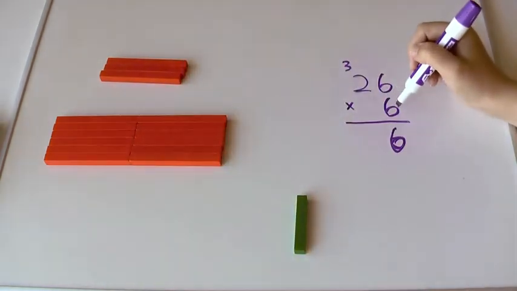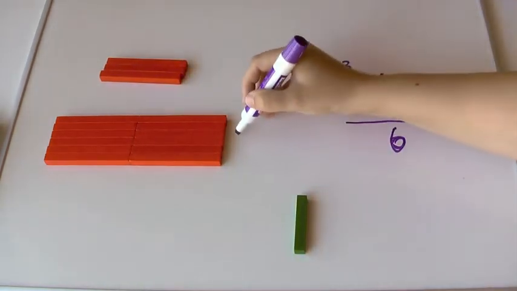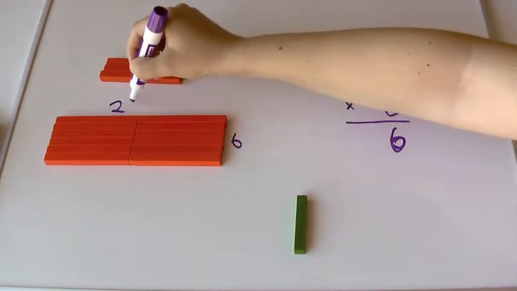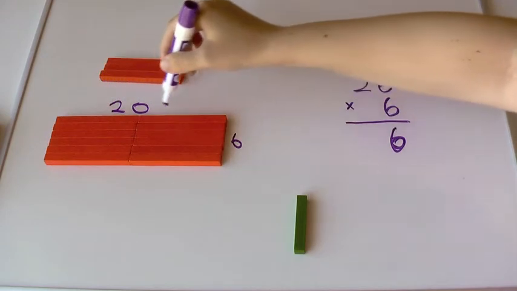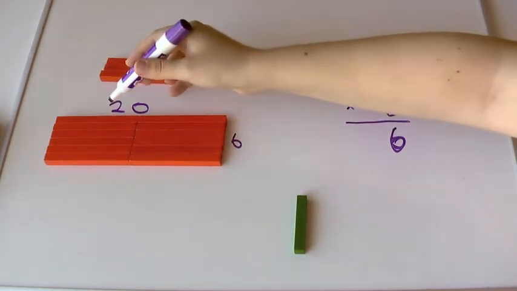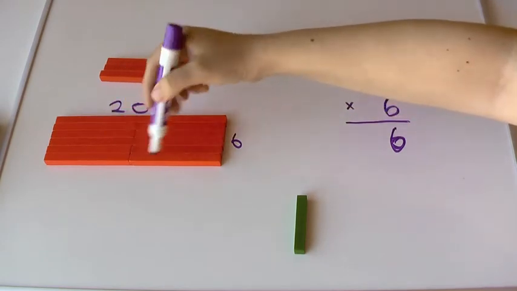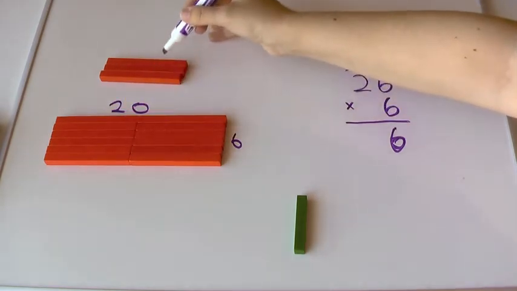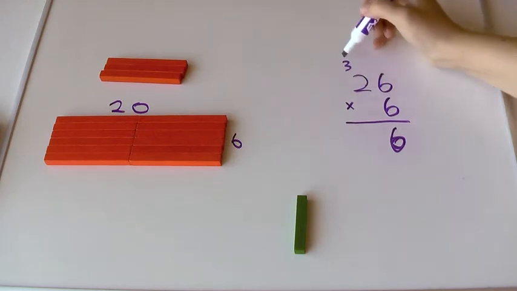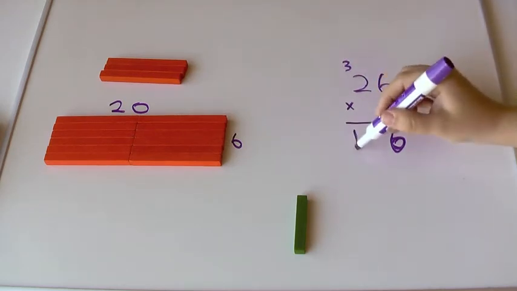And then I'm going to multiply 6 times 20, because there's 6 on this side and 20 along this side. So 6 times 2 tens would be 12 tens. And then I have these 3 more tens. 6 times 2 tens, 12 tens, plus 3 more tens is 15 tens.